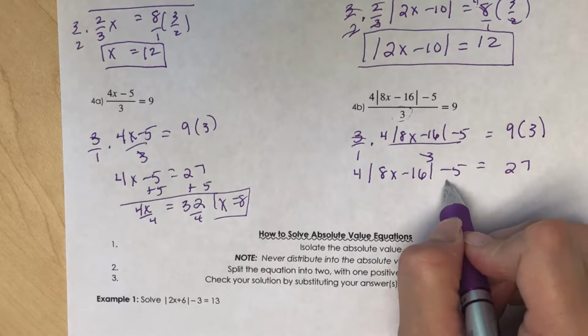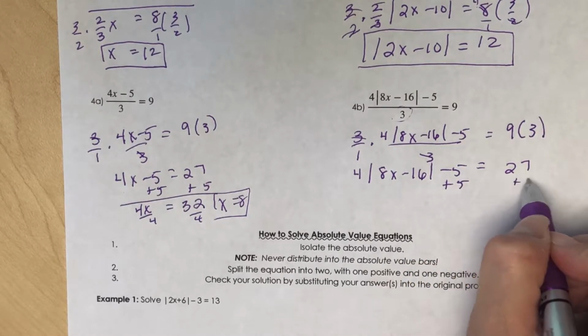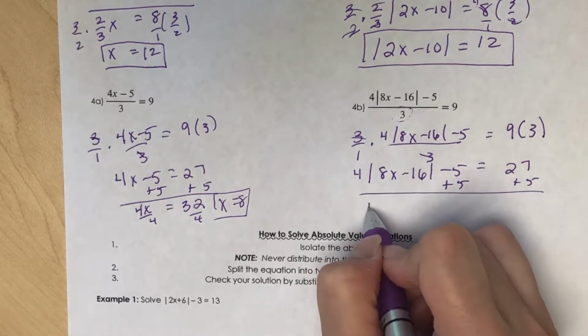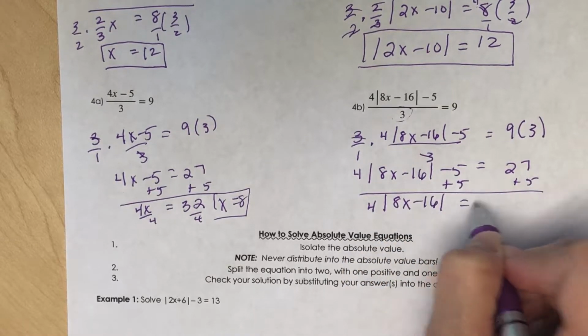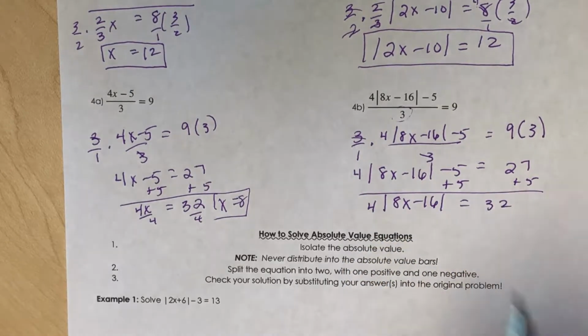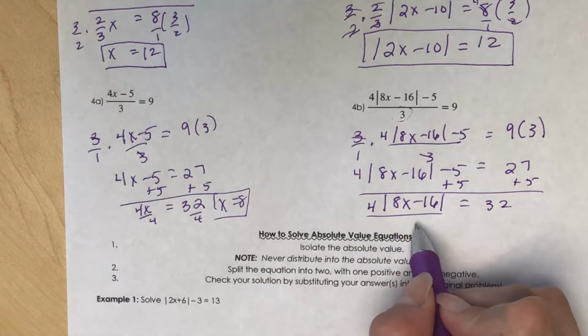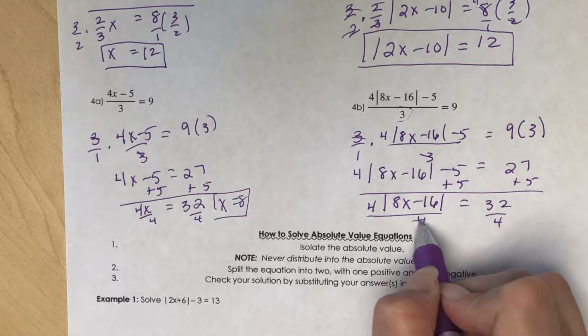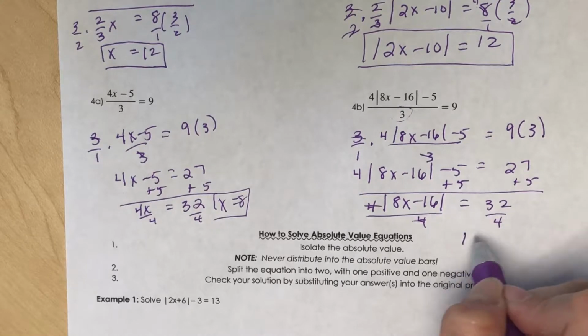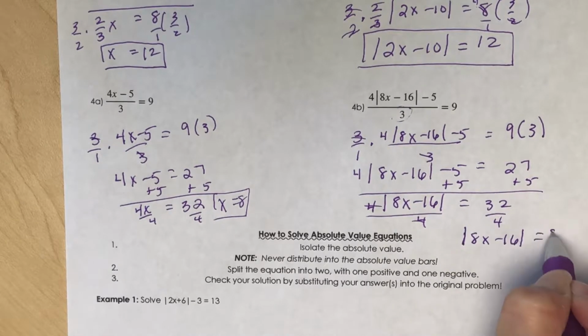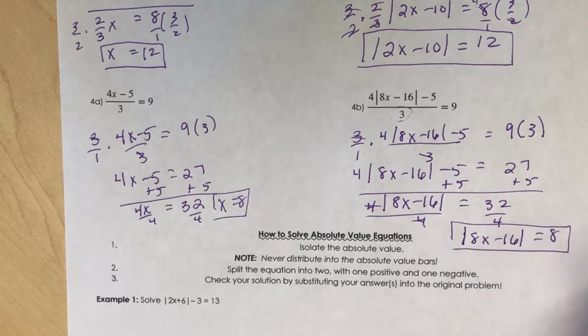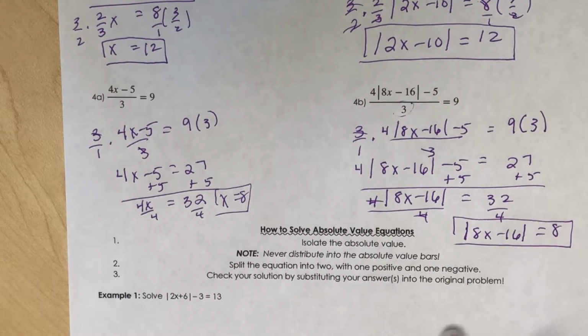Now add 5 to both sides. So 4 times the absolute value of 8x minus 16 equals 32. Divide both sides by this 4 on the outside. So I'm left with the absolute value, 8x minus 16 equals 8. And that's as far as I'm going to go there.